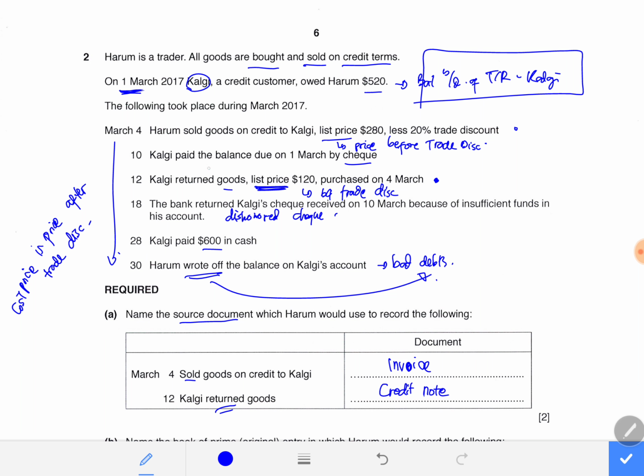On the 4th, sold goods on credit to Kalgi, 280 less 20% discount. That means the amount would be 280 minus 20% of 280, which equals 224.